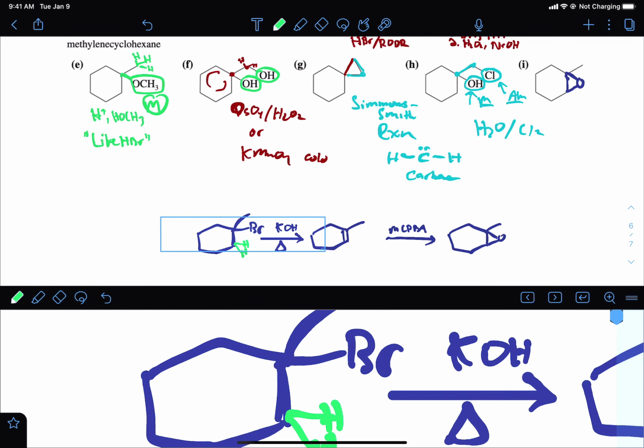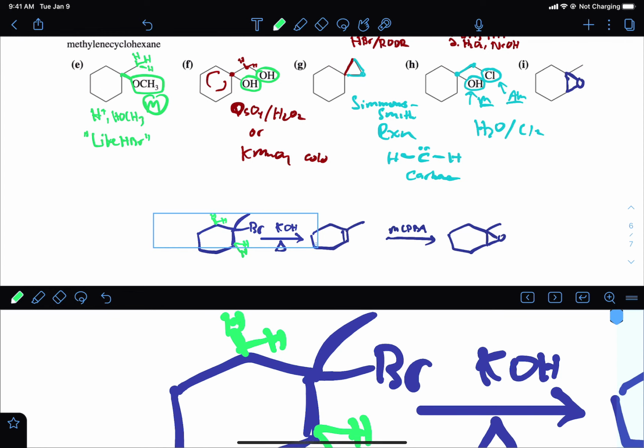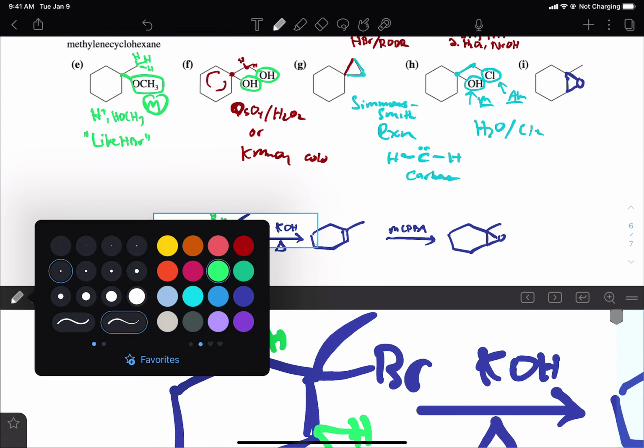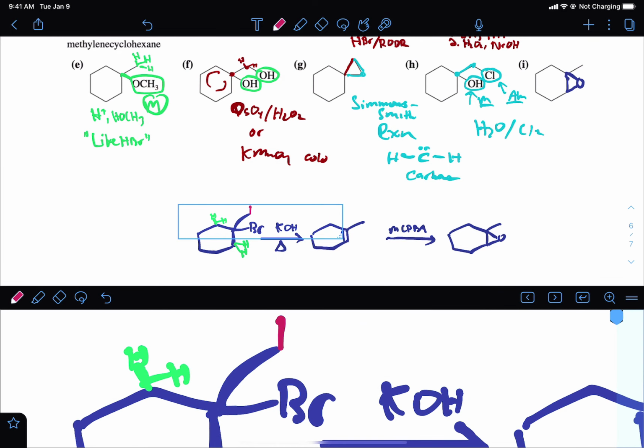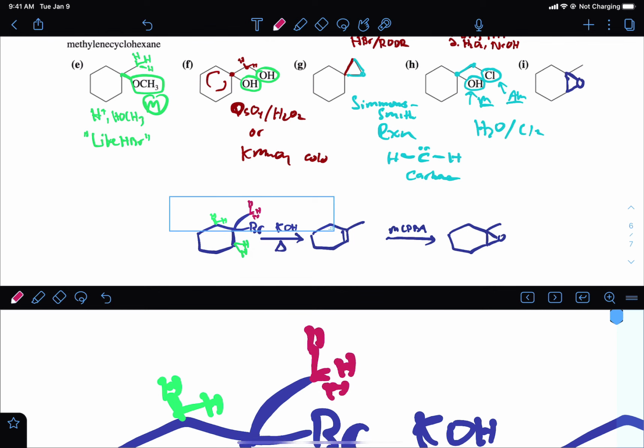They're the same. It's symmetrical. Okay. But not, remember, not one of these. That would be Hoffman. If we wanted those red ones to go, we'd use a big bulky base, but we don't want those red ones to go. So we want the green ones to go, so we use Zaitsev, a small base.